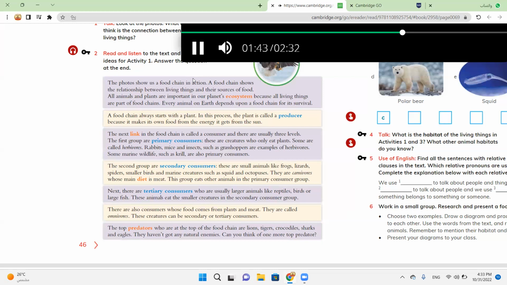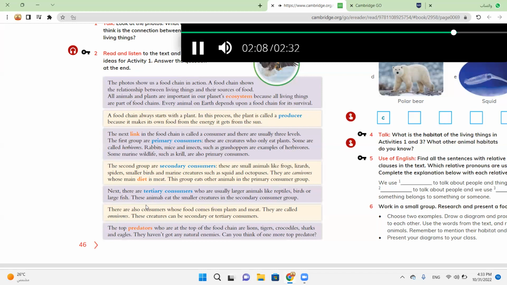Next, there are tertiary consumers, who are usually larger animals like reptiles, birds, or large fish. These animals eat the smaller creatures in the secondary consumer group. There are also consumers whose food comes from plants and meat. They are called omnivores.